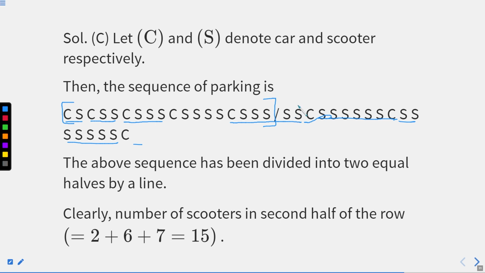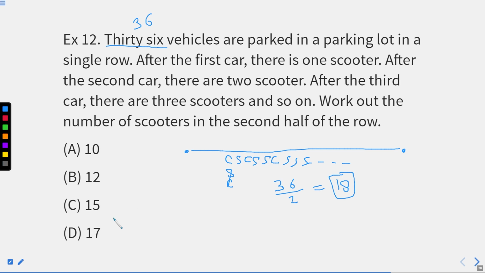So here we have 2, here we have 6, and here we have 7. If we add 2 plus 6 plus 7, we get 15. So a total of 15 scooters are there in the second half, right? So 15 is our option number C. I hope this question is clear. We have read the question properly, we understand the question, and we made a rough diagram.